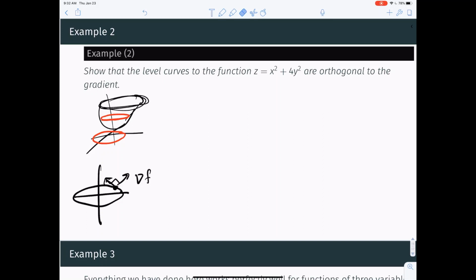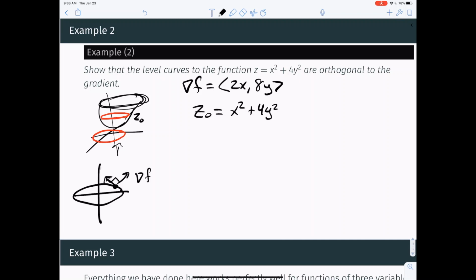So let's try that. First, what's the gradient? Grad f is 2x, 8y. Okay, that was easy enough. There's the gradient. What's a level curve? We'll pick some z0 value. There's z0. That's some constant equals x squared plus 4y squared. Now, that's really just a curve down here in the plane. If you just graph that, it's some ellipse.